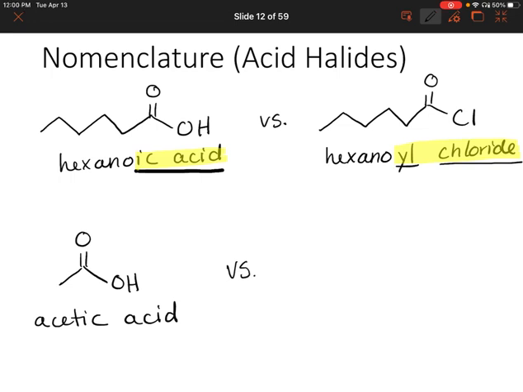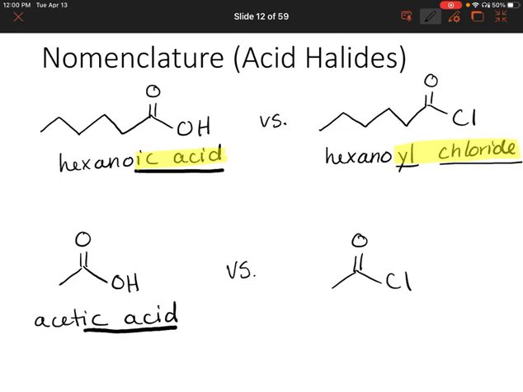So let's turn acetic acid into an acid halide. And I want you to pause the video and try to name that acid halide. Okay, so remember, we just have to replace the ic acid part of the carboxylic acid name with yl chloride.